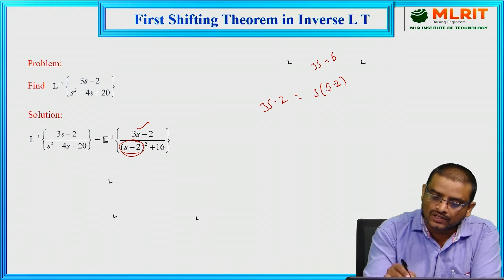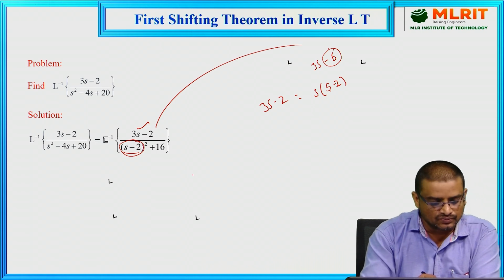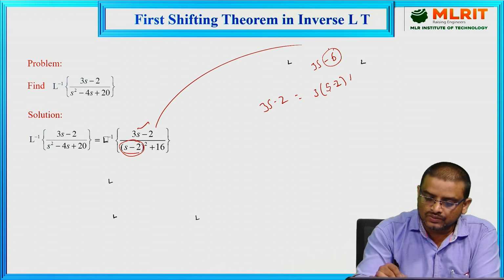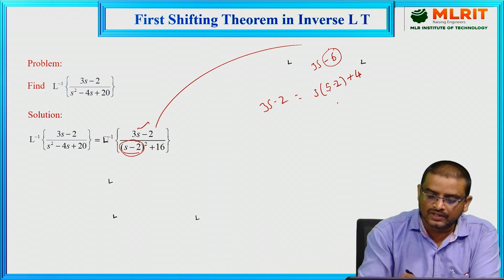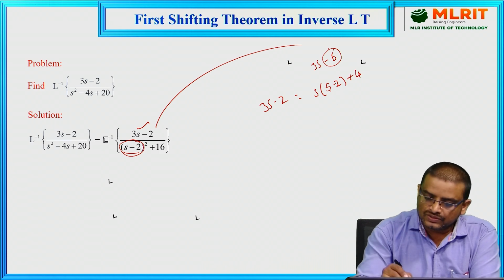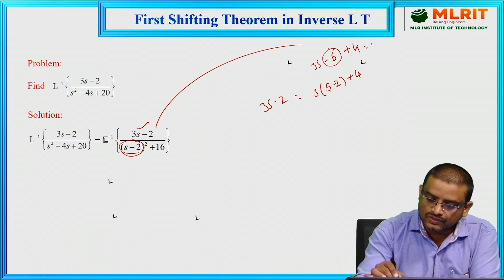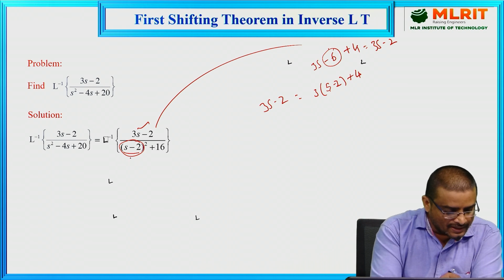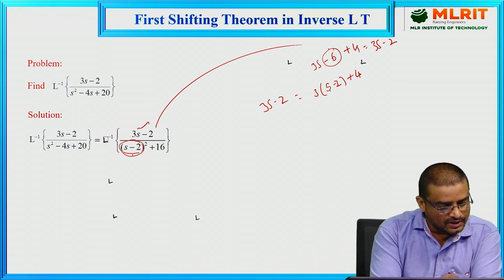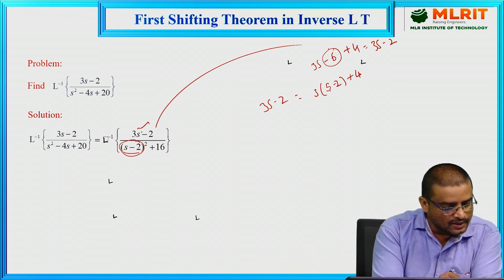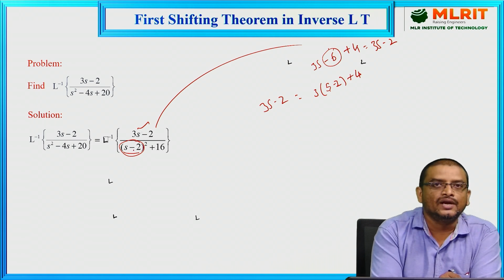Now our task is to convert this minus 6 into minus 4. This is possible only by adding 4 in the numerator. So now simplify this, 3s minus 6 plus 4. So you will get 3s minus 2. Whatever the denominator you get, we have to convert the numerator also in the same way as the denominator.